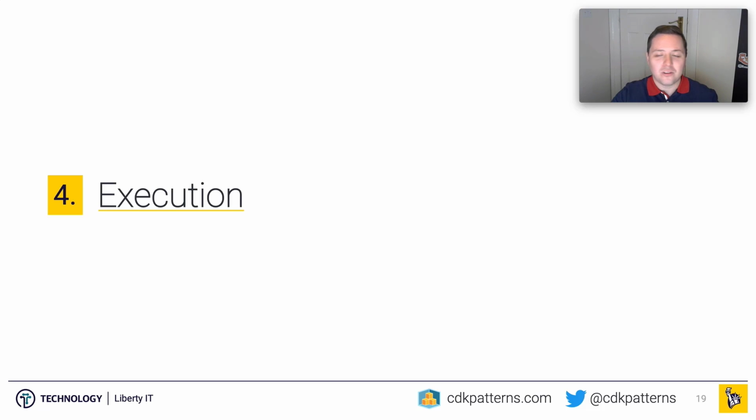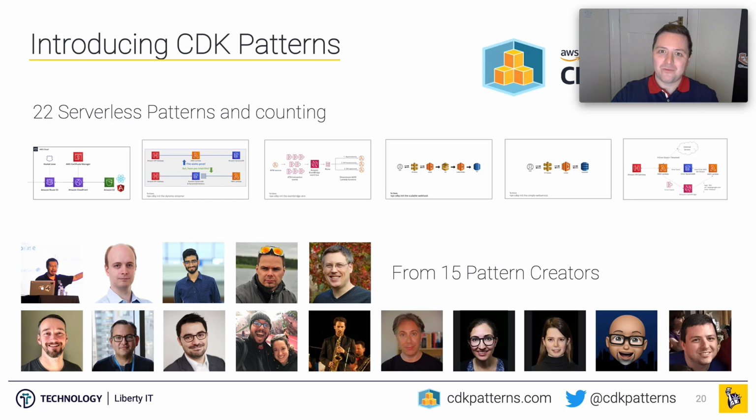So I took all the feedback of all the users that were using the product and iterated, added patterns, added languages, and refined to the point where we are today, where we have CDKPatterns.com. At the minute, we have 22 serverless patterns and counting from 15 pattern creators. And you can see we still have the beautiful high-level images.